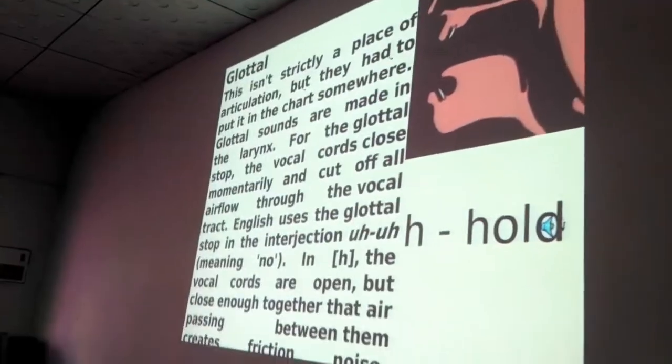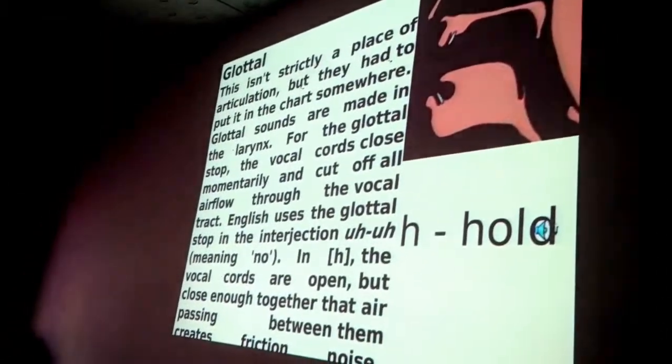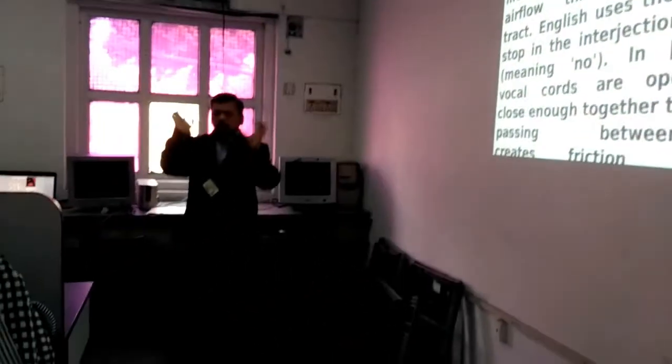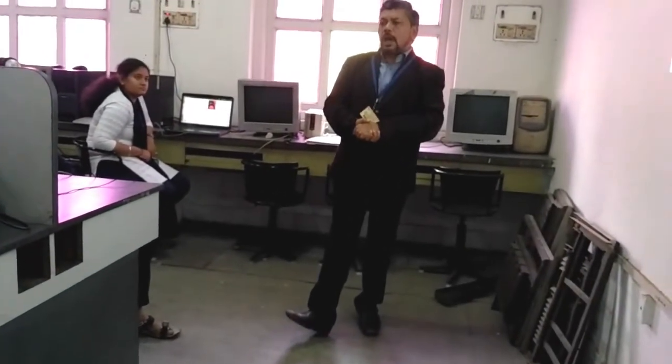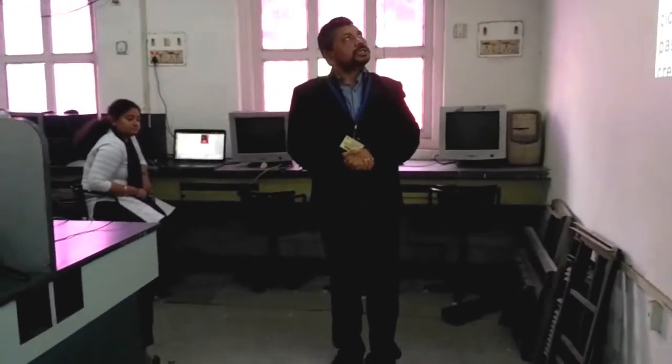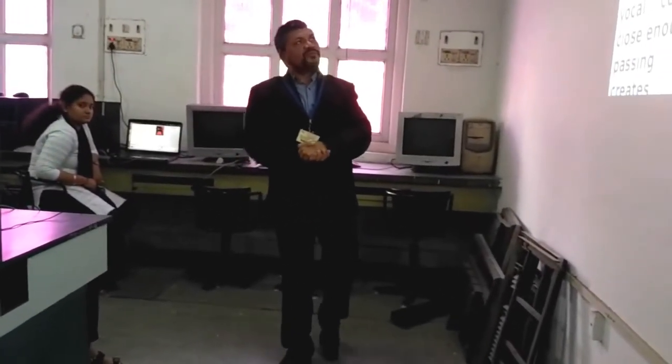Glottal sound. This is not strictly a place of articulation as shown in the picture, but they have to put it somewhere. Here, the mouth is wide open and air passes through, like ha as in happy, ha as in hold. Glottal sounds are made in the larynx.